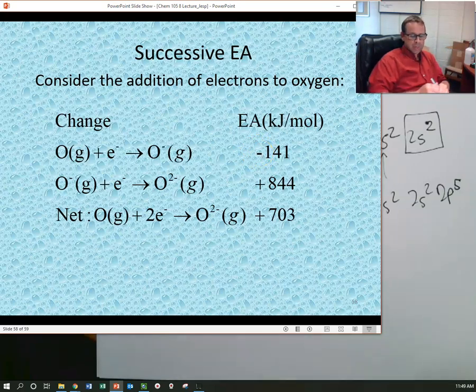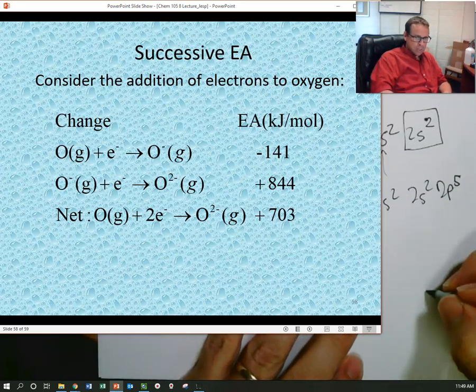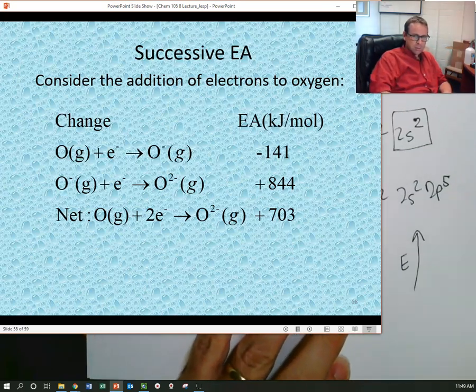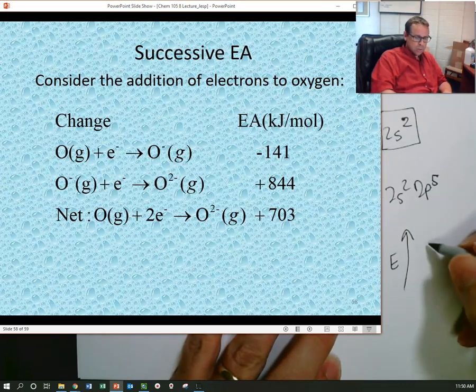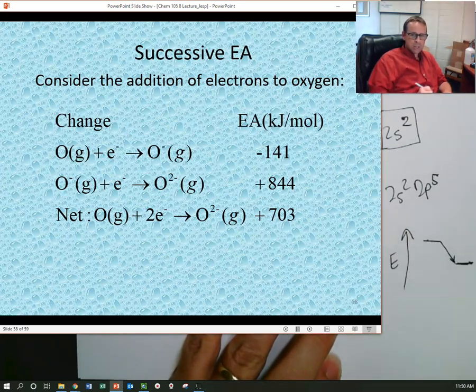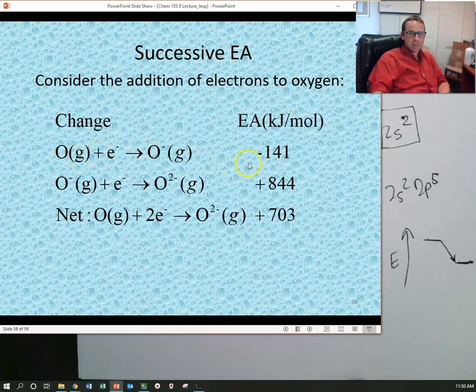Yeah, very good. That's right. So if we look at a little energy diagram here, the final state was lower than the initial, so energy was released in the process, so gaining that electron stabilized that system.